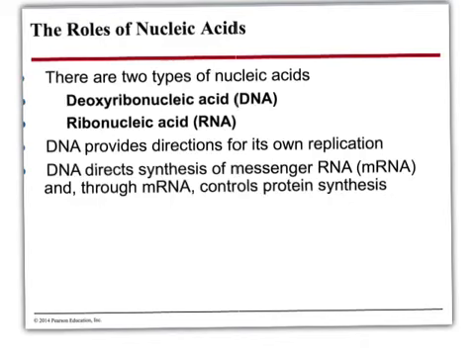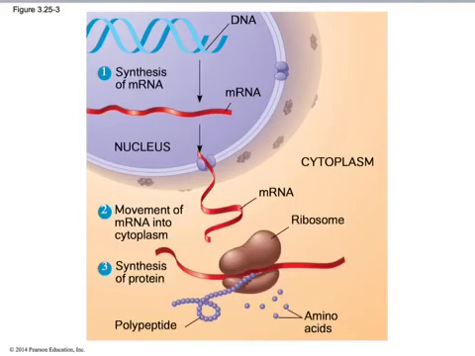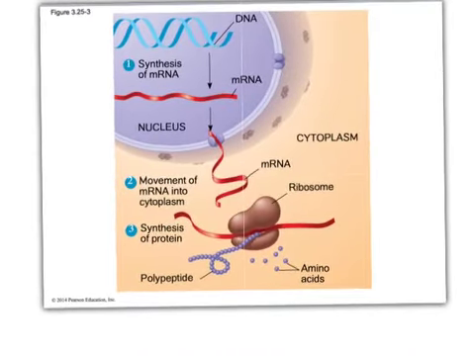And then DNA also directs the formation of the synthesis of RNA, particularly messenger RNA, right? Messenger RNA relays the code for each gene to the cytoplasm, which then can lead to protein synthesis at the ribosome.